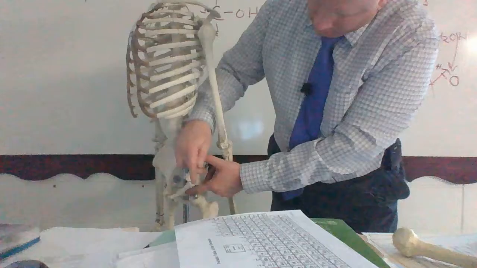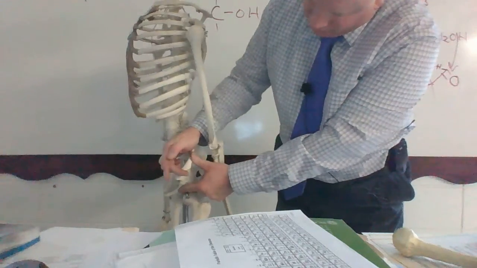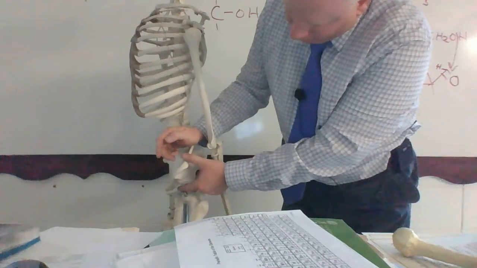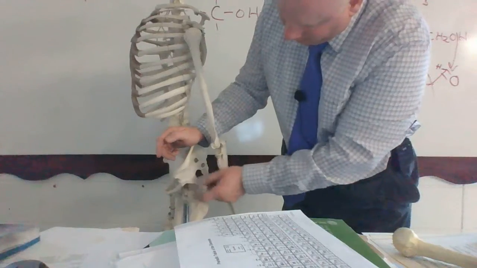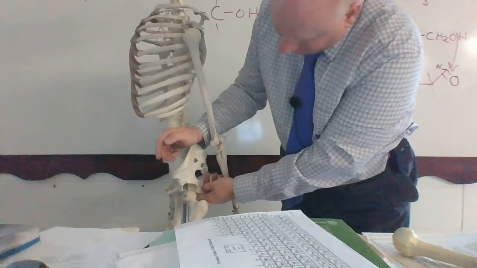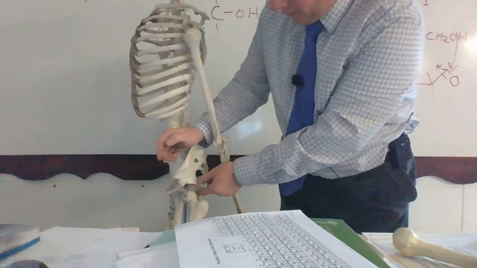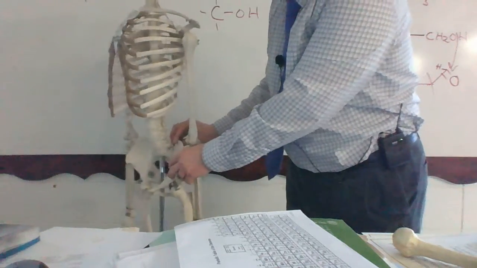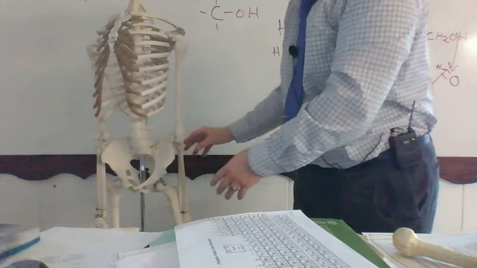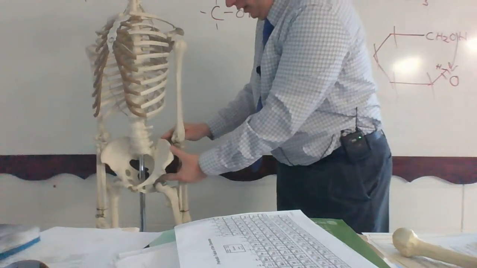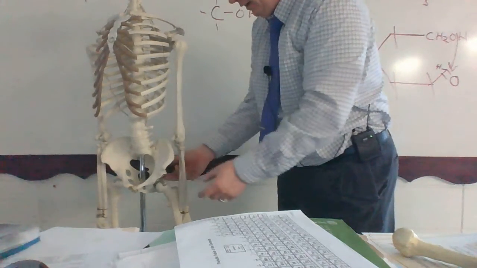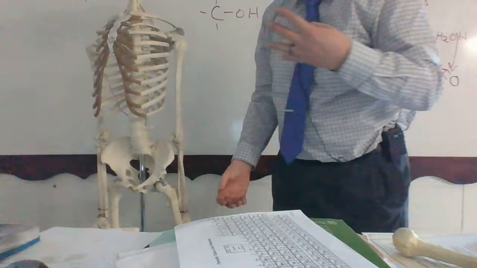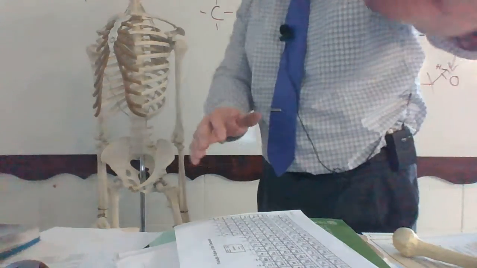Then from about this indentation here down to here is what we call the ischium, and then down here by the acetabulum is the ischial tuberosity. So there's only 3 identifications for that of the pelvis. You have the ilium, the ischium, and the ischial tuberosity. And I suppose you could call the acetabulum 4 identifications.